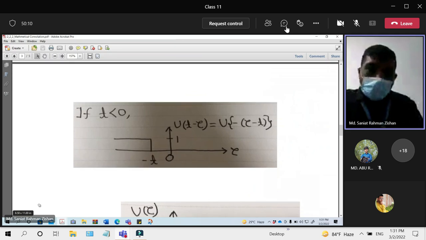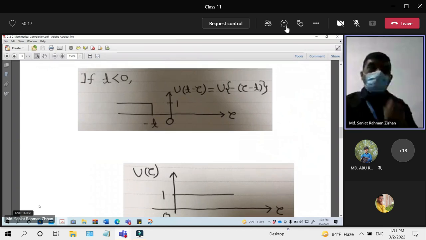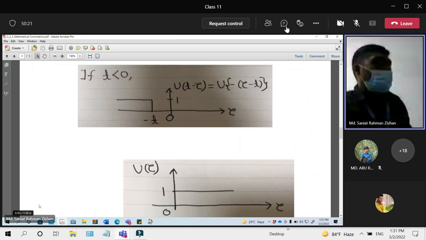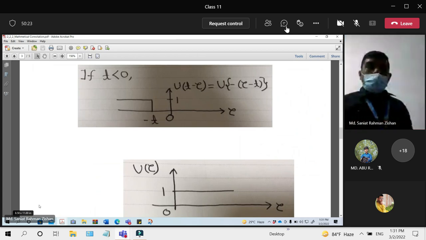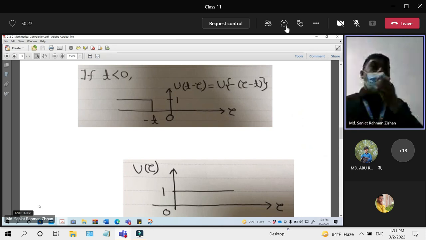After all this effort, I have the diagram for t less than 0 and I have got u tau already. The relation between these two was multiplication. Again chapter 1, if u tau and ut minus tau are multiplied, what will be the result?